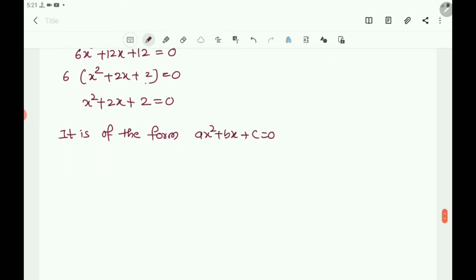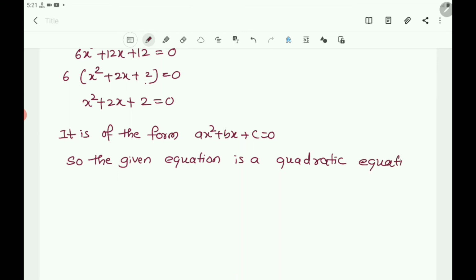So the given equation is a quadratic equation. You got the verification here.